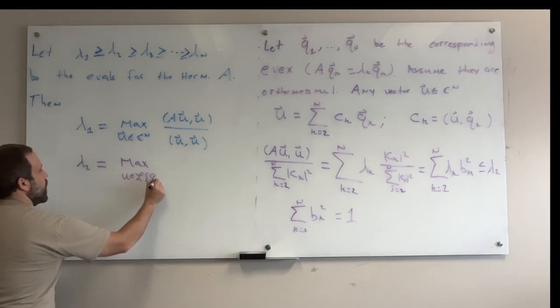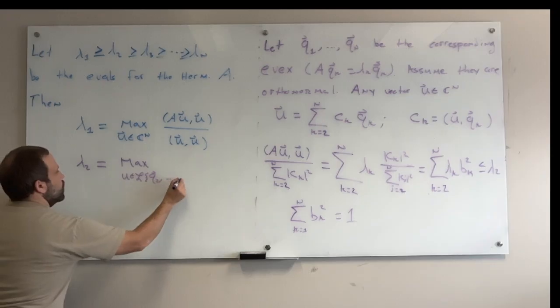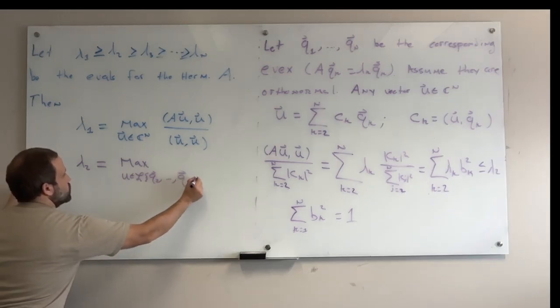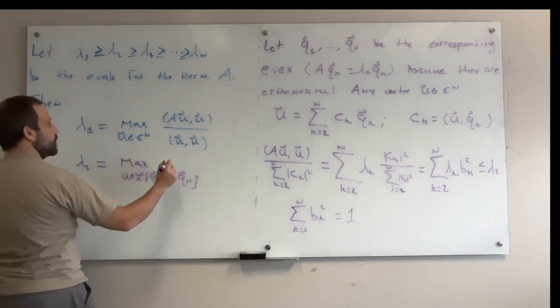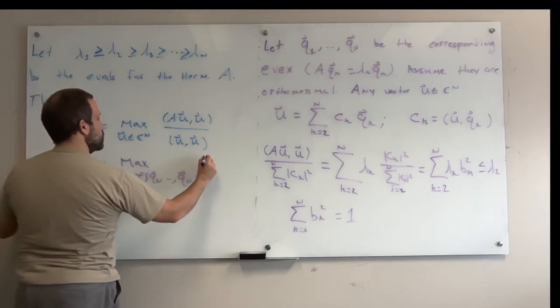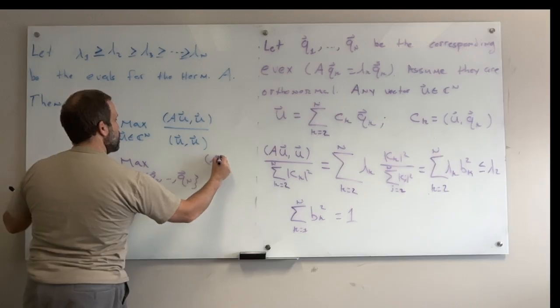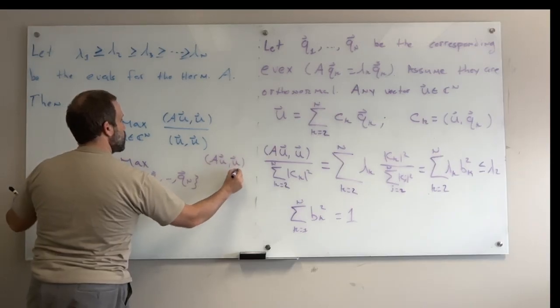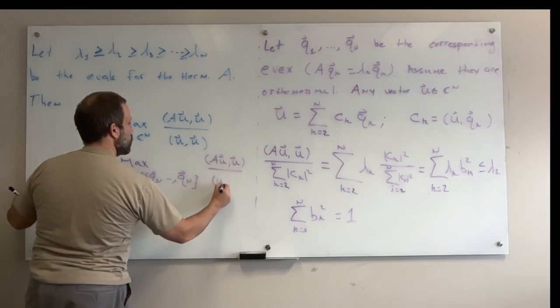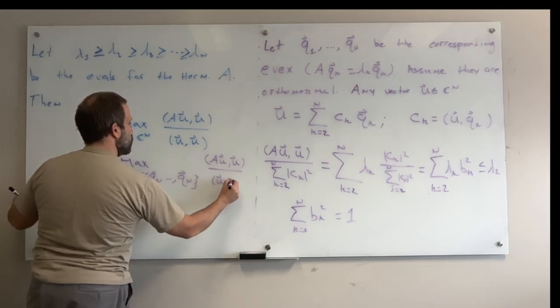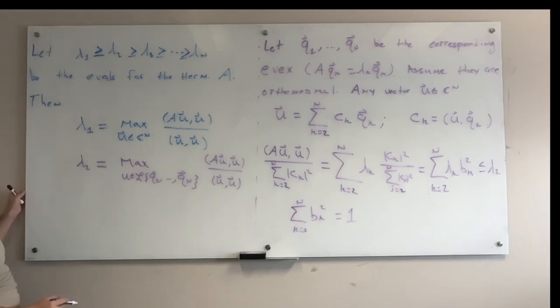And then we're going to have the same quotient, so u comma u over u comma u, like this.